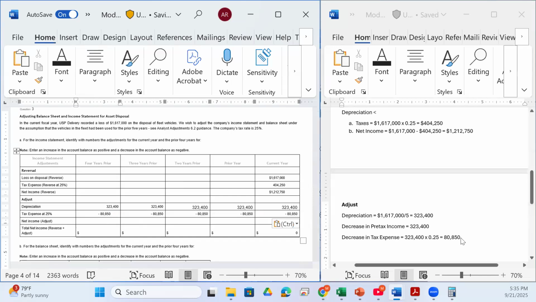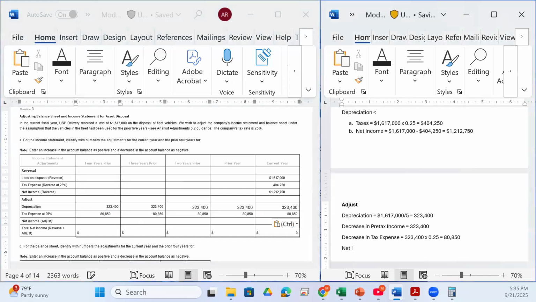Now our net income adjust. So net income adjust will be our increase in depreciation, right? This is our increase in depreciation.